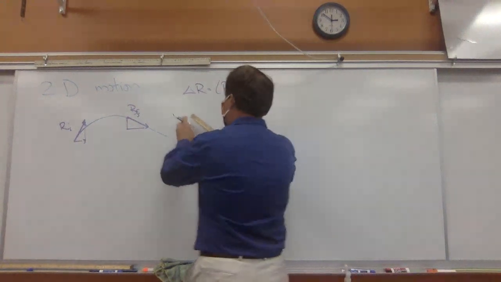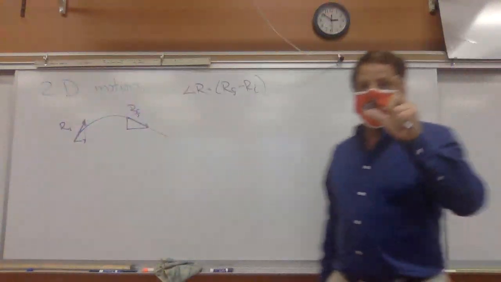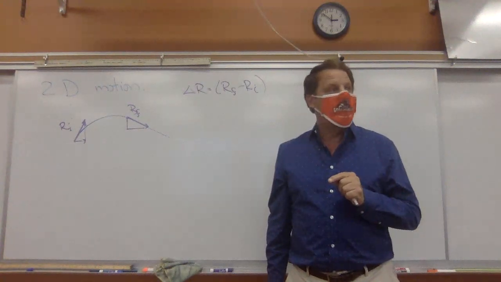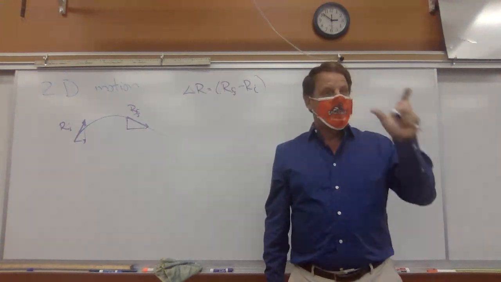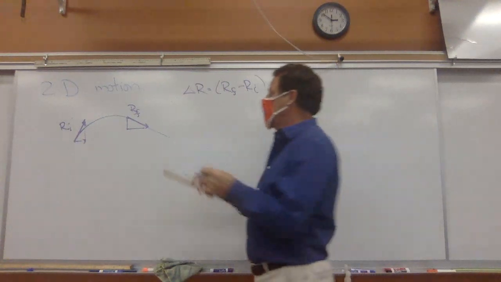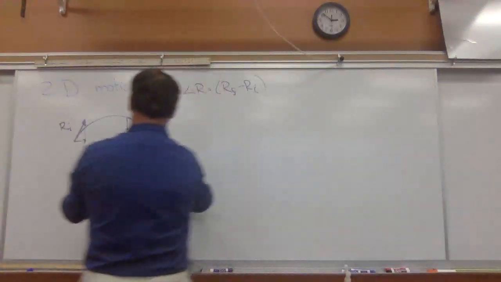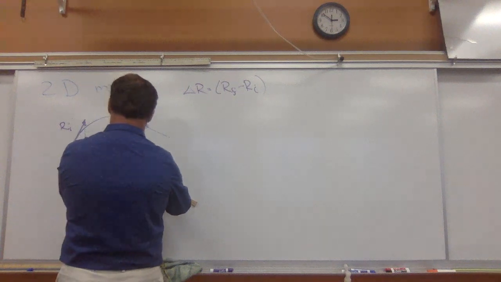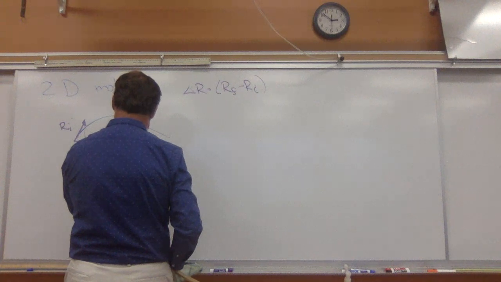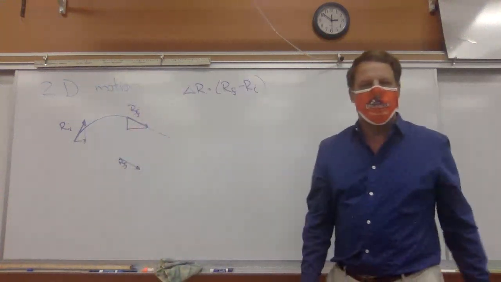Now remember, these vectors, we can pick them up and we can move them. When we do that, we have to keep the same length of our vector and we have to keep the same angle. So I'm going to try to do this. If I have this, I can put it down like that, and this would be R final, something like that.